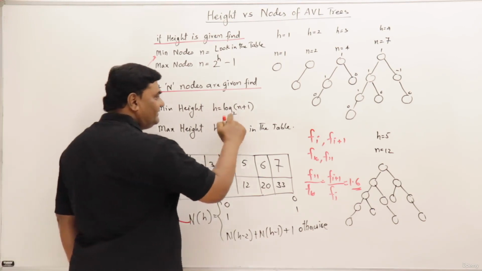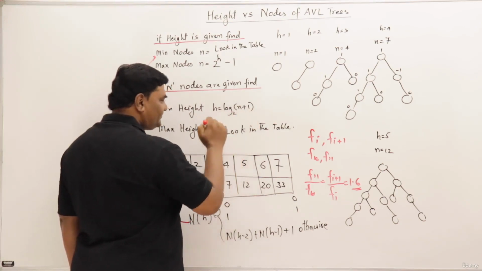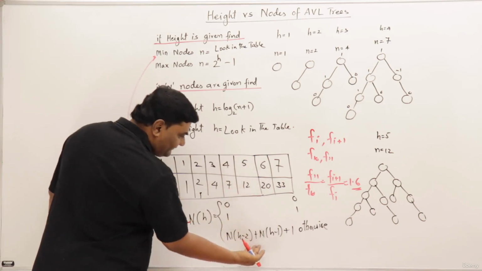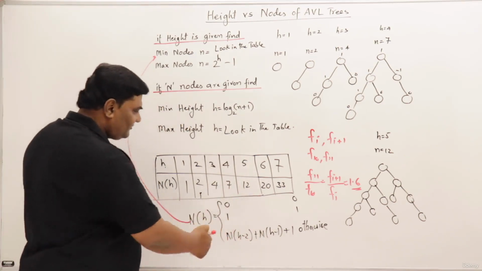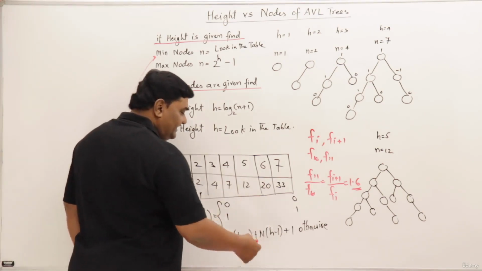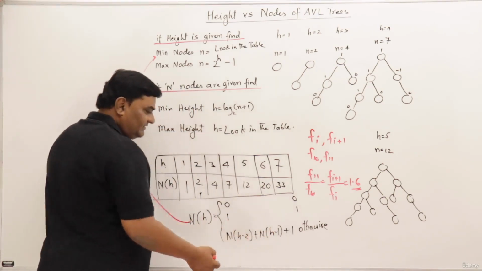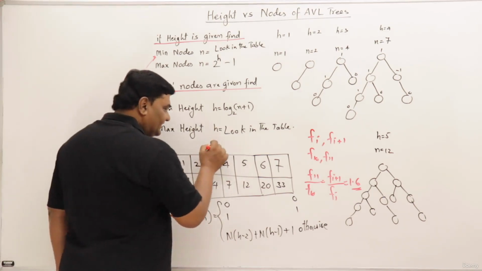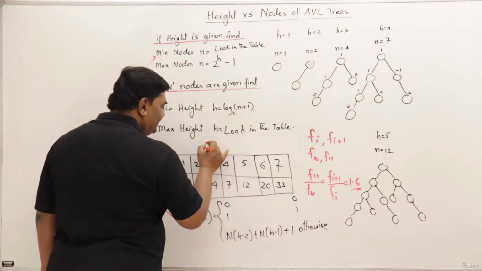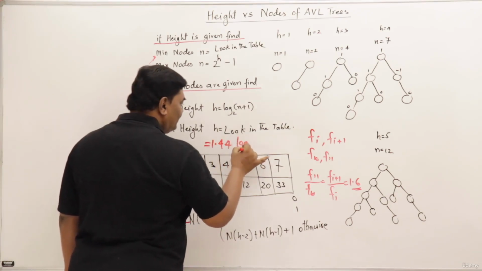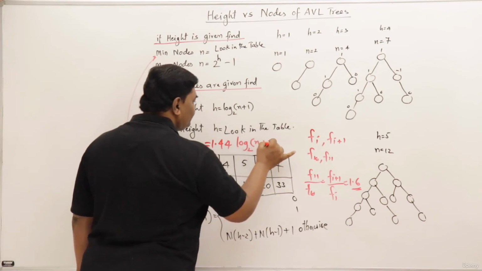Then one last thing. Minimum height is log base 2 of n plus 1. Maximum height, look into the table. Table is from the formula. So from this formula, can't I calculate height? Yes, approximately, if you calculate from this one, there is a derivation. If we derive that and get the answer, then approximately it is equal to 1.44 log base 2 n plus 2.